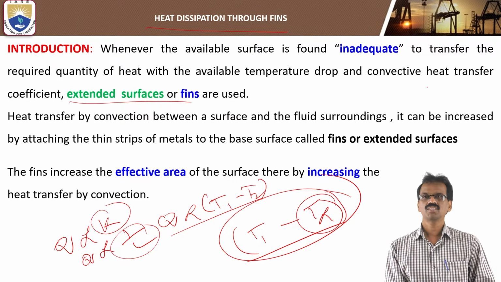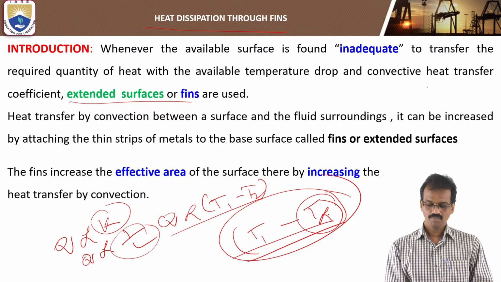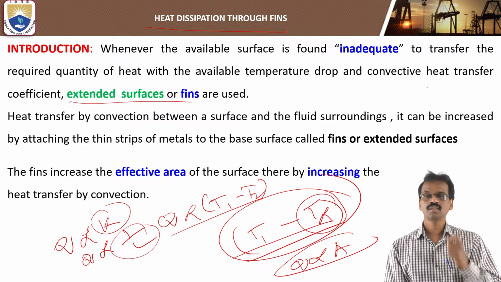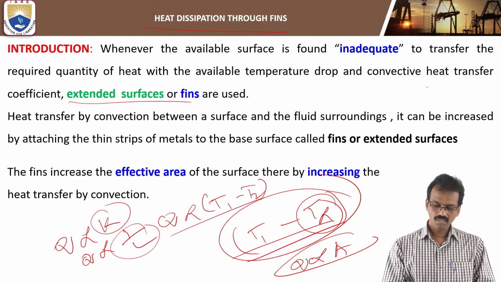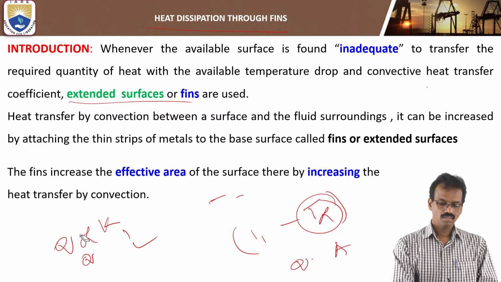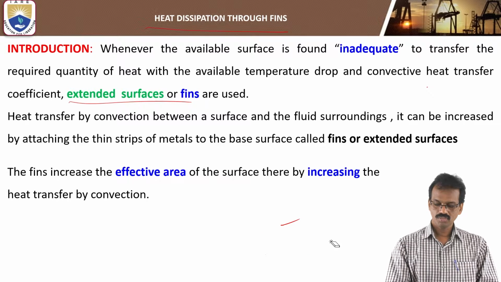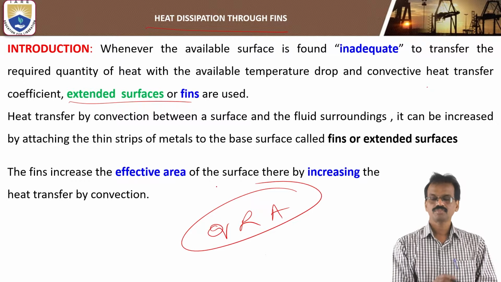So we cannot influence this temperature difference, but we can influence the area. Q is directly proportional to area. If the effective area increases, automatically the rate of heat transfer will increase. So the application of the fin depends upon this concept: Q is directly proportional to A.